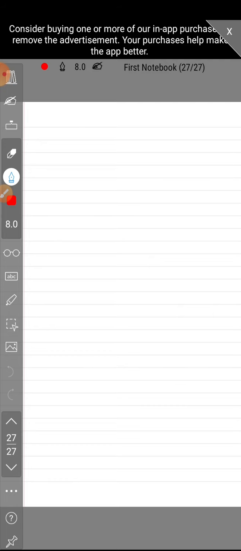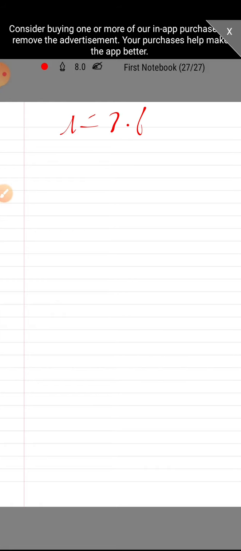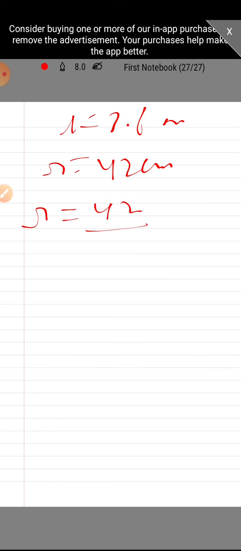So length L is 3.6 meters and your radius is 42 centimeters. To convert this radius into meter, we will divide by 100. So 42 upon 100, now it will be in meter.